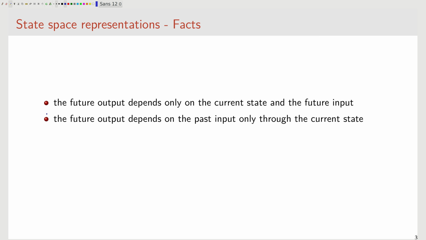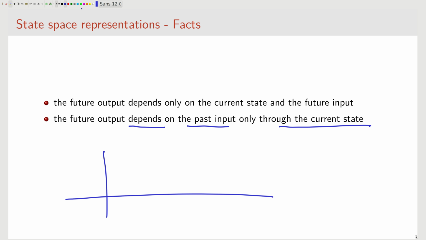Second thing, the future output depends on the past input only through the current state. If we redo the figure as before, the future output here depends on the past input only through the state here.